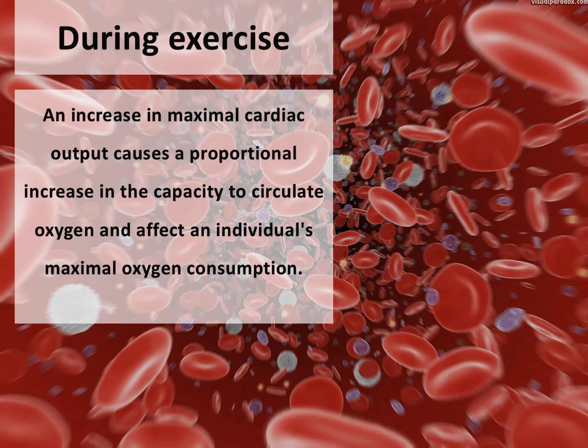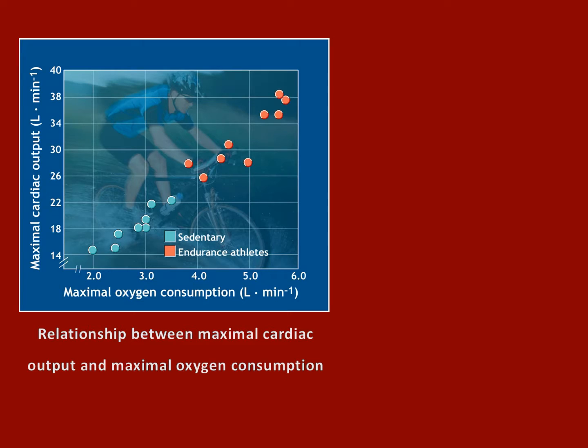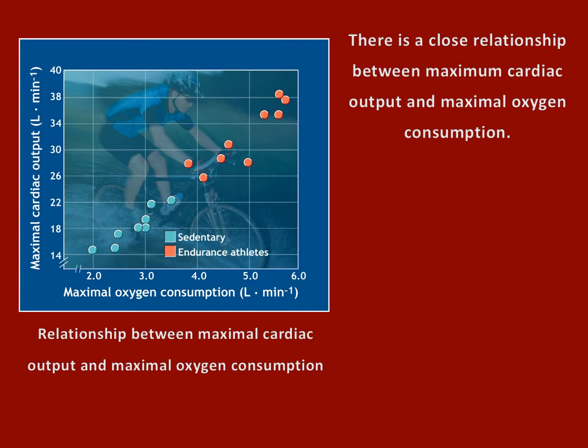During exercise, the increase in maximal cardiac output is extremely important because it increases the person's VO2 max, or the capacity to circulate oxygen. On this figure, we can see a strong correlation between maximal cardiac output and maximal oxygen consumption.